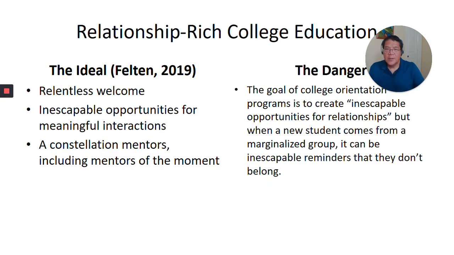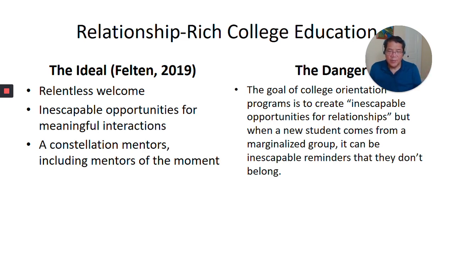All right. So in building a relationship-rich college education, Peter Felton has said we need these 3 things: what he calls a relentless welcome, inescapable opportunities for meaningful interactions, and a constellation of mentors, including mentors of the moment. Students will find out who they need to go talk to, and that person will be helpful to them. Under ideal conditions, this is great.